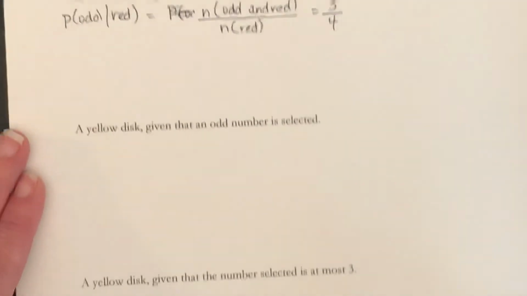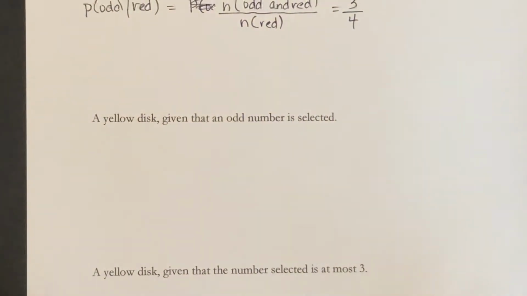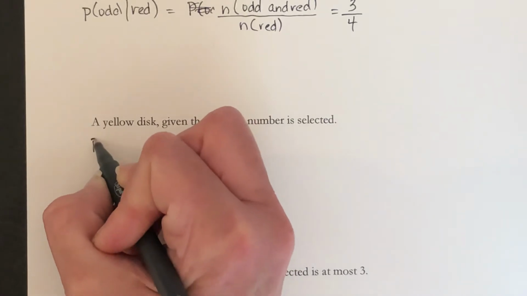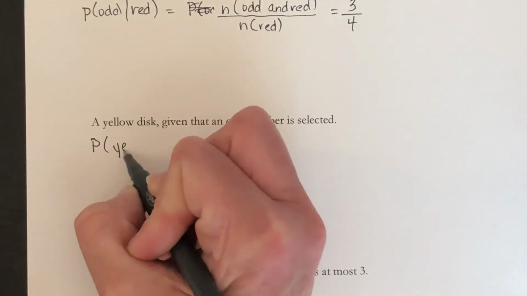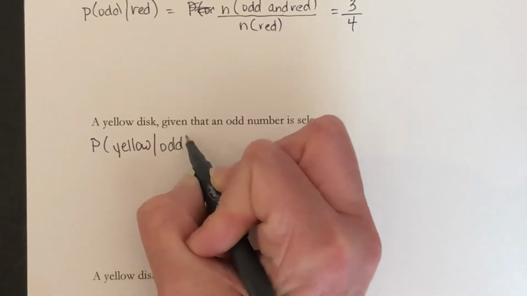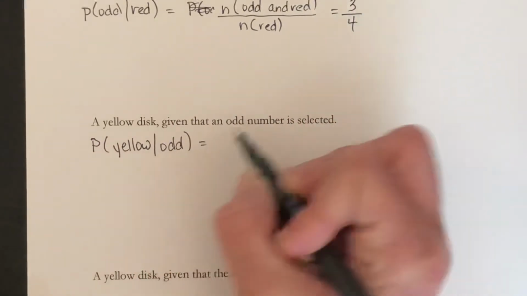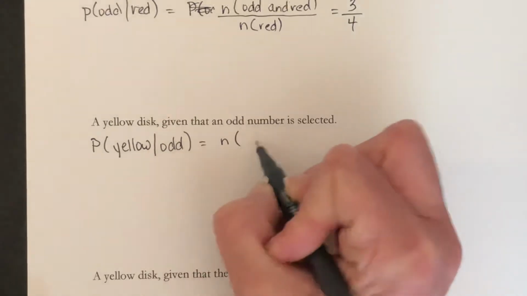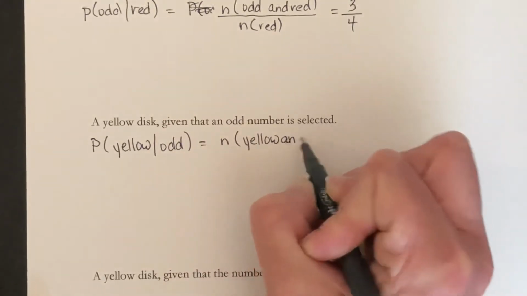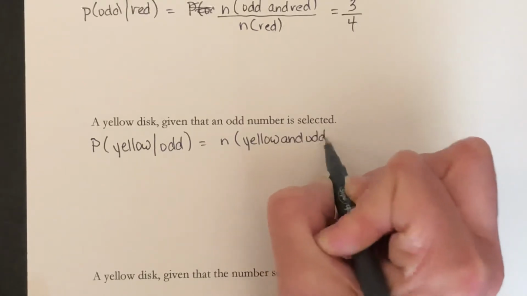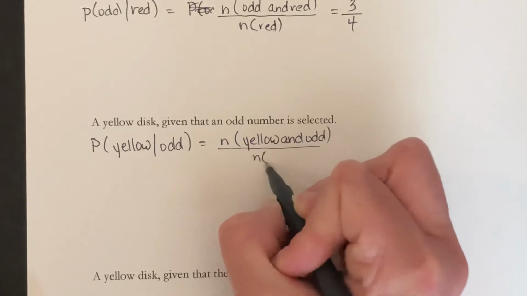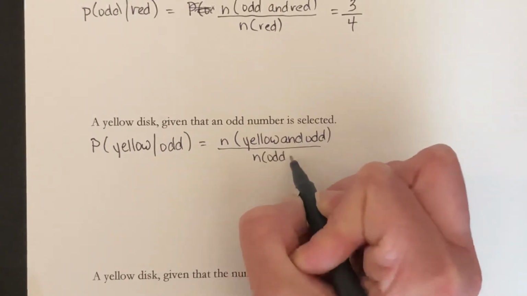Let's find the probability of yellow given that an odd is selected. First we want the number of ways that we have yellow and odd, over the number of odds.